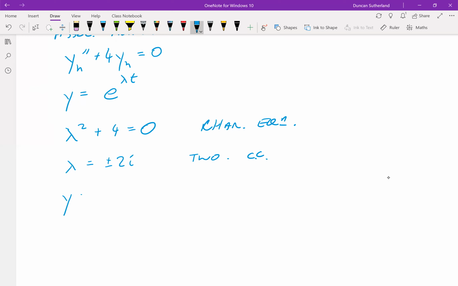So we've got two complex conjugate roots, and they're actually pure imaginary. So in this case, our general solution, we don't have that e to the real part at the front because the real part is 0, so e to the 0 is 1. We've just got a cos 2t plus b sine 2t. That's our solution to our homogeneous problem.